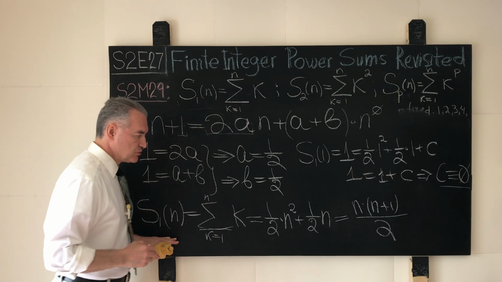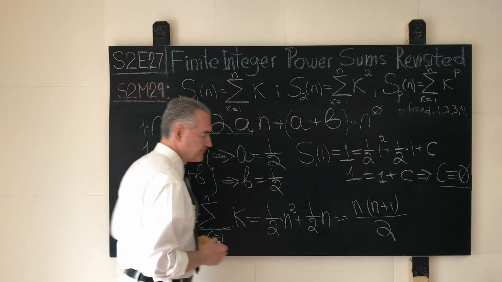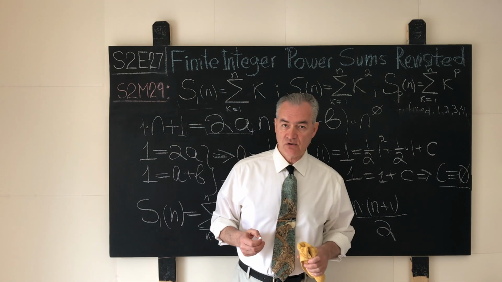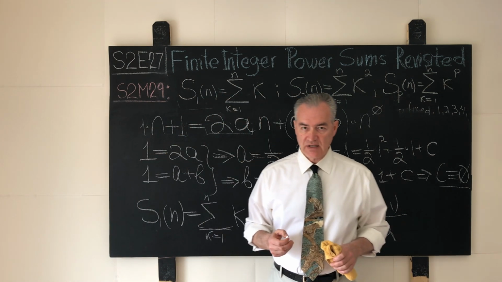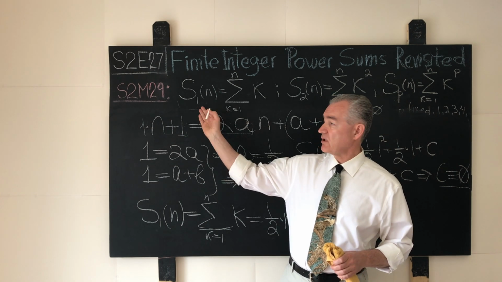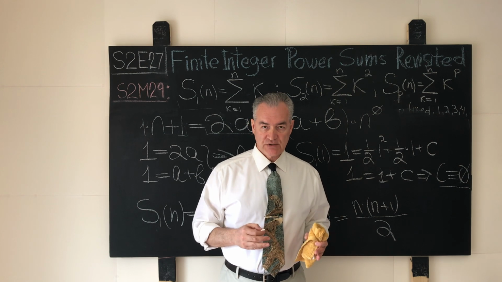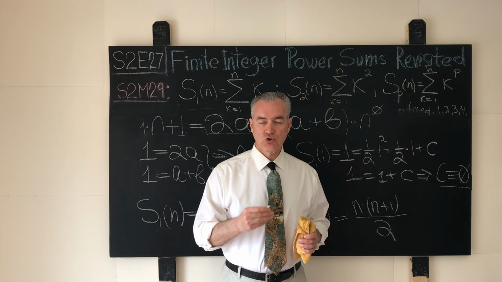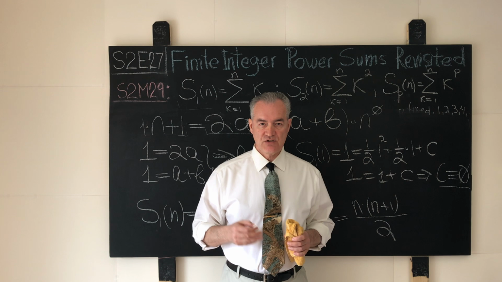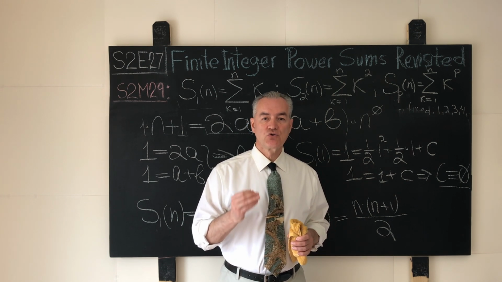Now that we understood how this improved, less computationally intensive algorithm works for the finite integer power sum S1, let us apply that algorithm to the process of recovering the shape of an alternative expression for the finite integer power sum S2.